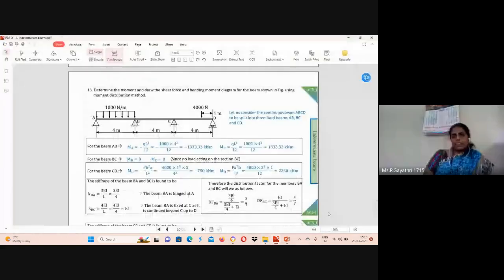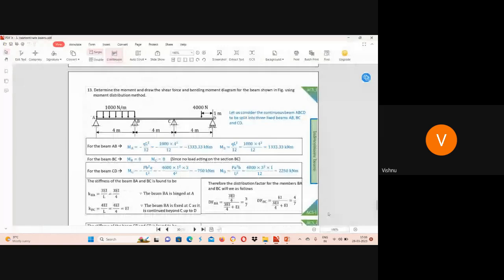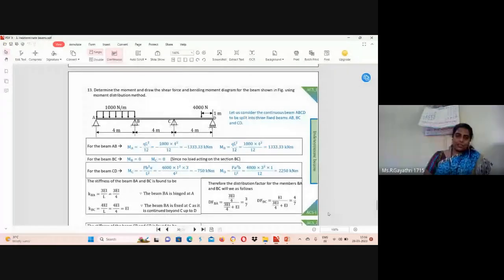Very good, 2 by 3 BH. Here L value is 4 meter and H value is 2000.